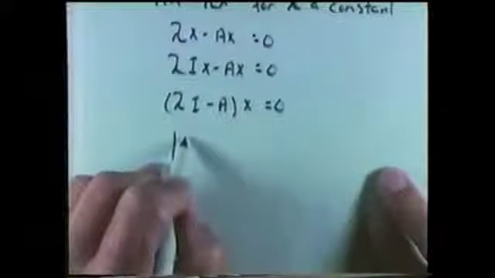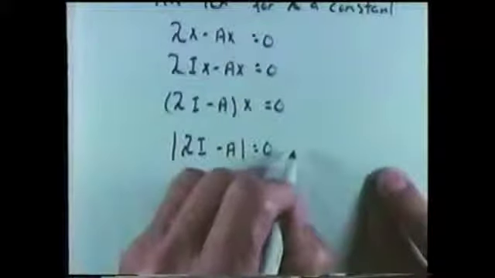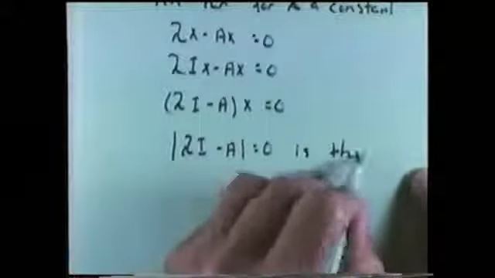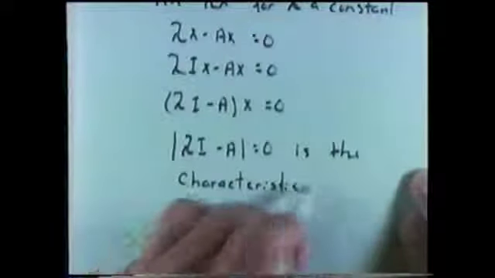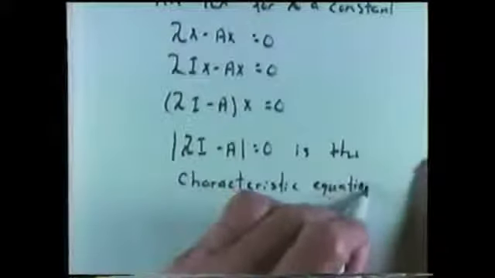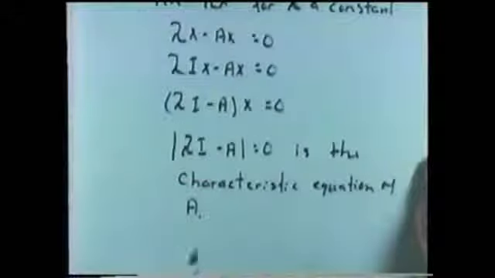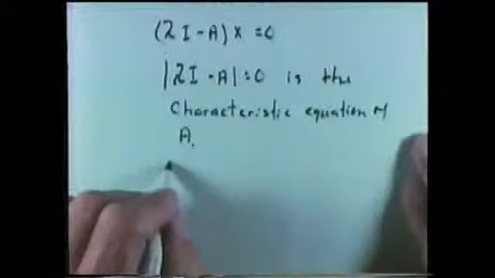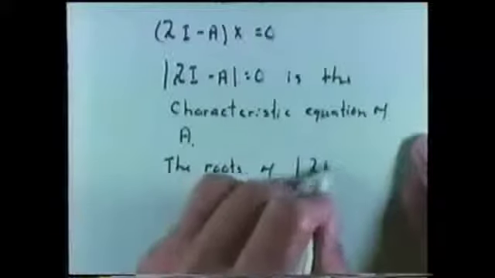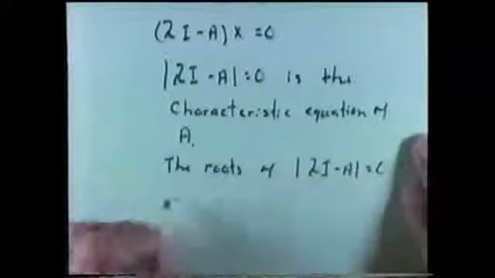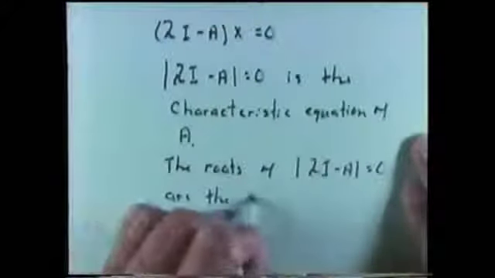And we talked about the determinant. Now, I'm not going to go back and review all that since it's in tape 14, but we came up with the determinant of lambda I minus A equal to 0 is the characteristic equation of matrix A. And the roots of the determinant of lambda I minus A equal to 0 are the eigenvalues.